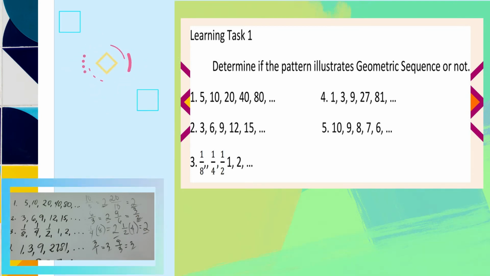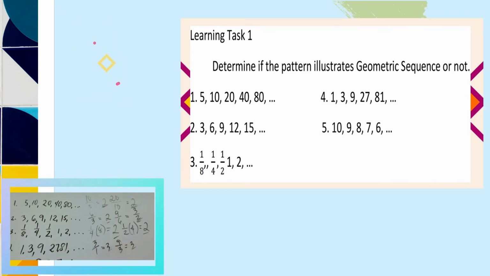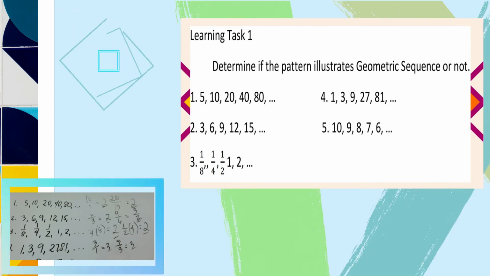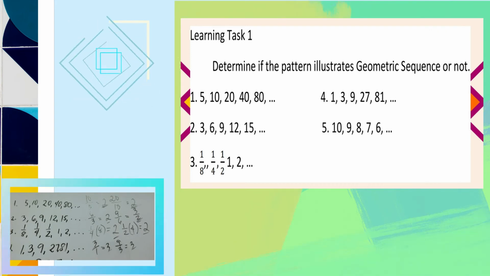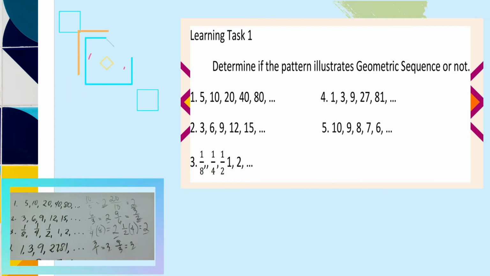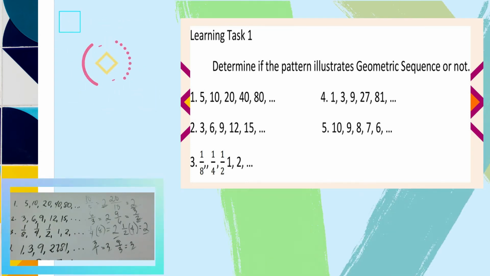We have 10, 9, 8, 7, and 6, and so on. So definitely, this is not a geometric sequence. We just deduct: 10 minus 1, 9, 9 minus 1, 8. Therefore, this is not a geometric sequence.